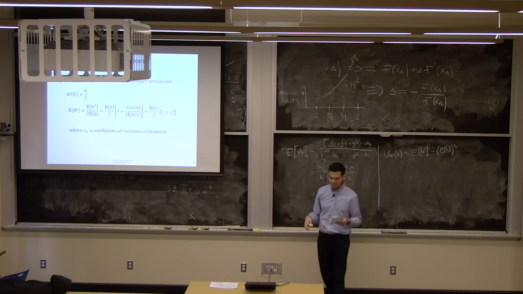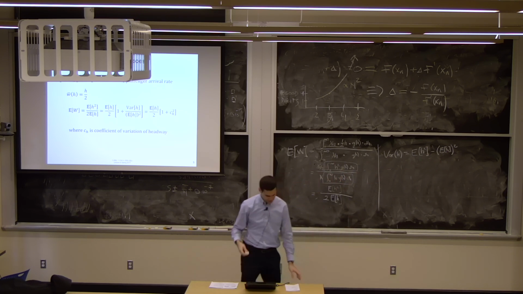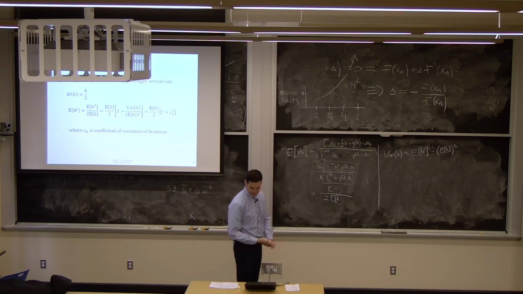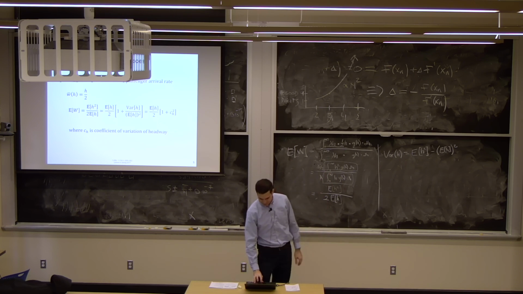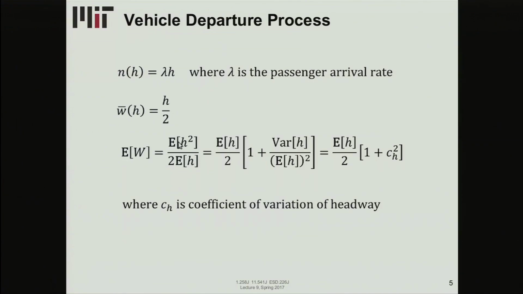So, right, mean of squares minus square of the mean. You might have seen that before. So essentially, if we solve that equation for the expectation of h squared and plug that in here, we can collect like terms and get this last equation. So now we have that the expected waiting time is half the headway times some adjustment factor.